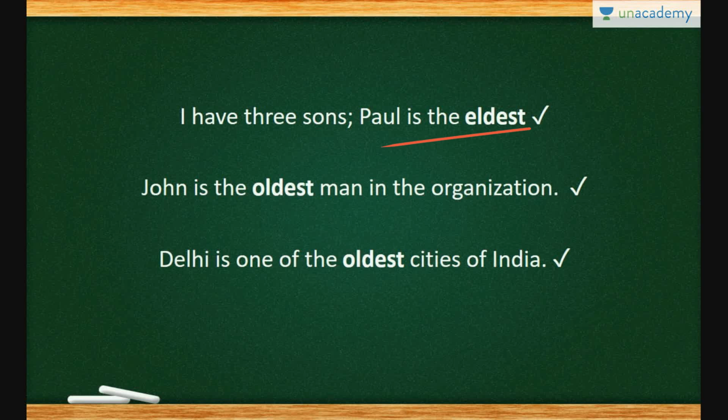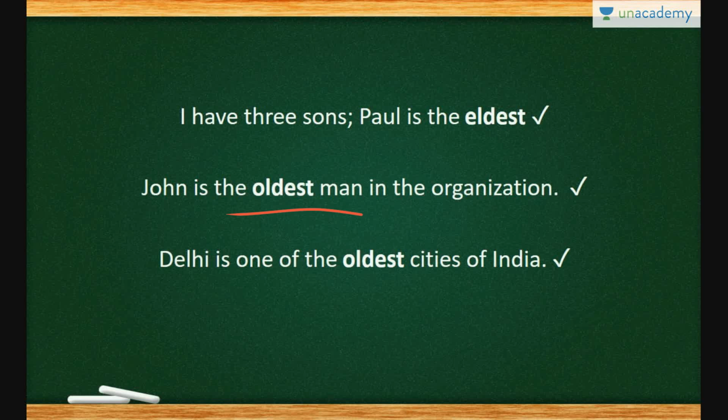So, since we are talking about the same family, we say eldest. John is the oldest man in the organization. Now, since I said older and oldest can be used for both persons and things, here the usage of oldest is correct.